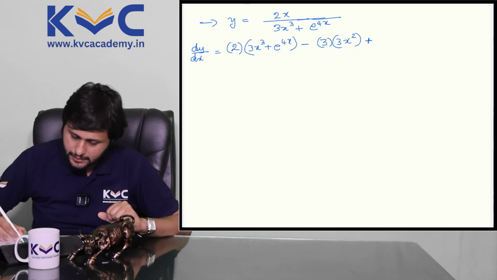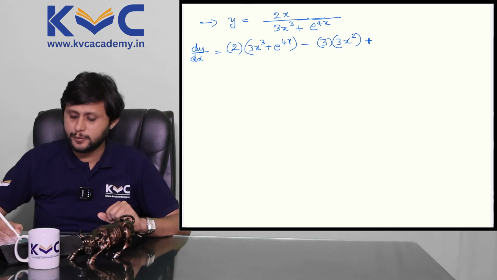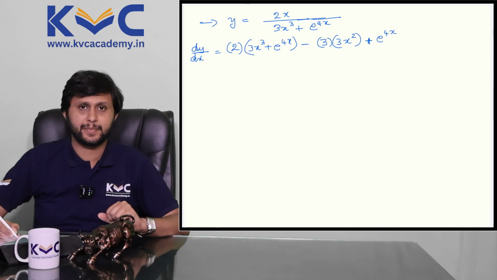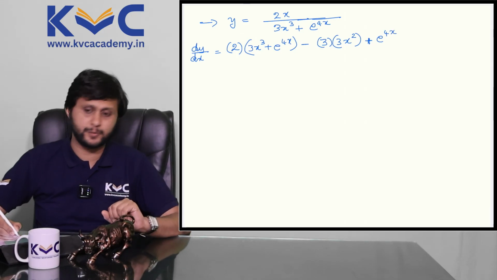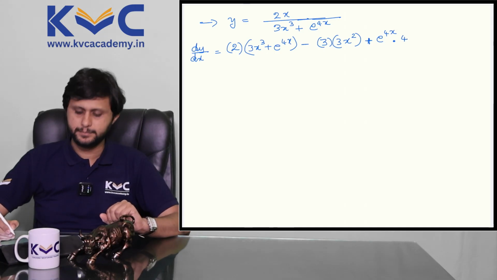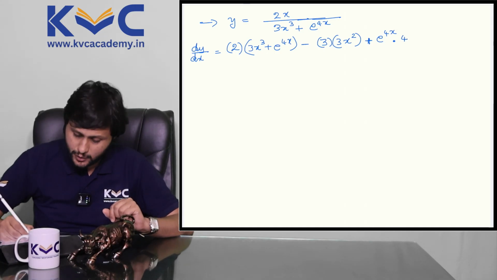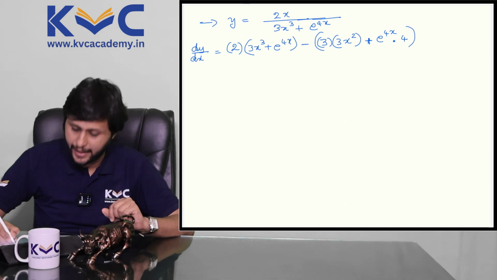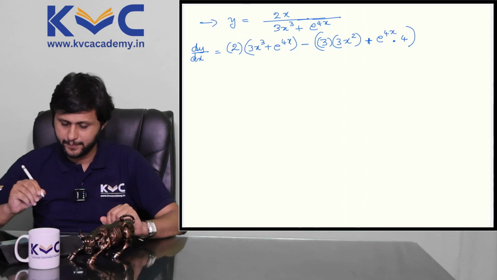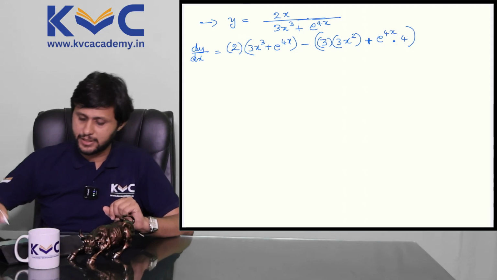Plus differentiation of e to the power 4x, that is equal to e to the power 4x. It is in the form of e to the power x, so e to the power 4x, differentiation of 4x is into 4. This is differentiation of denominator. A big bracket is required over here because there is a negative sign outside, remember that. Entire thing of differentiation is done.